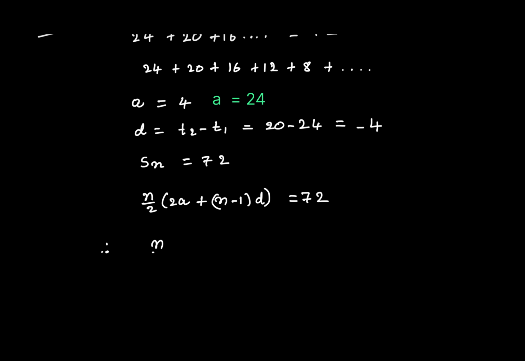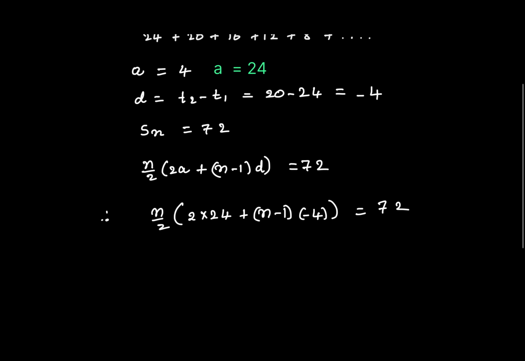Therefore, n by 2 into 2 into 24, plus n minus 1 into d, where d is minus 4, equals 72. We can simplify. The 2 cancels here.